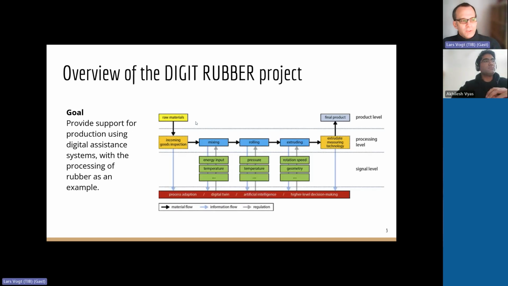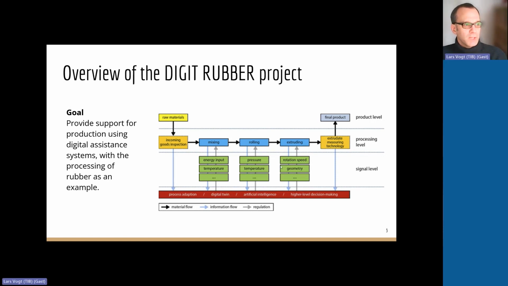So the DIGITRUBBER project's goal is to provide support for production using digital assistance systems. The focus is on rubber production, with a stronger focus on the extruding step.